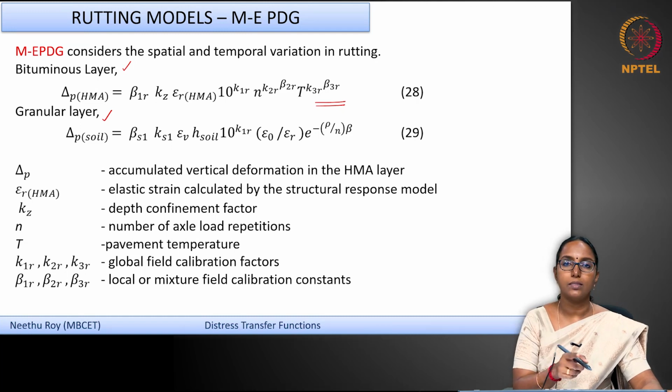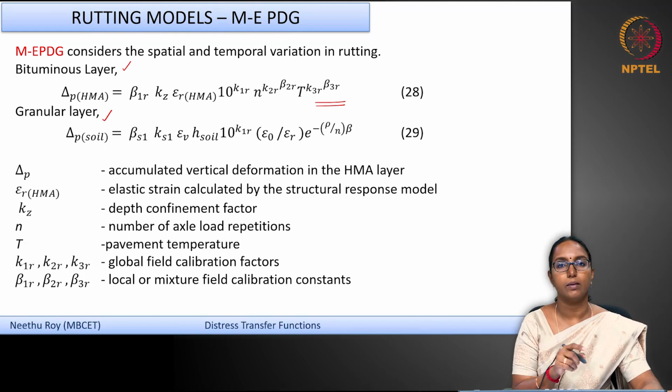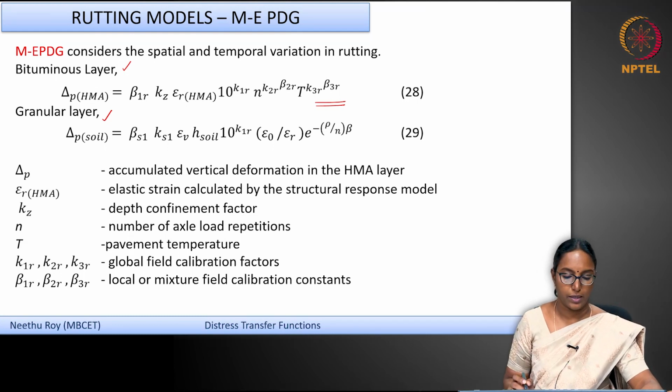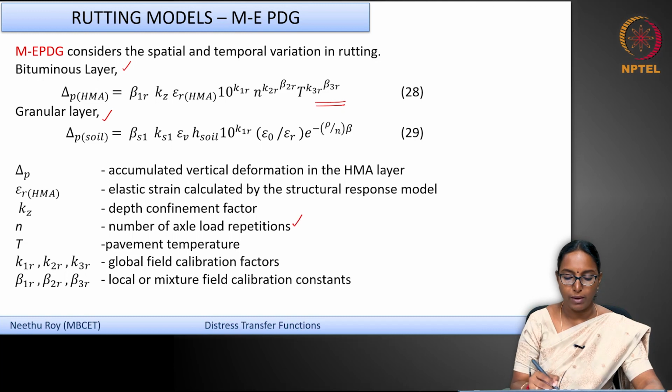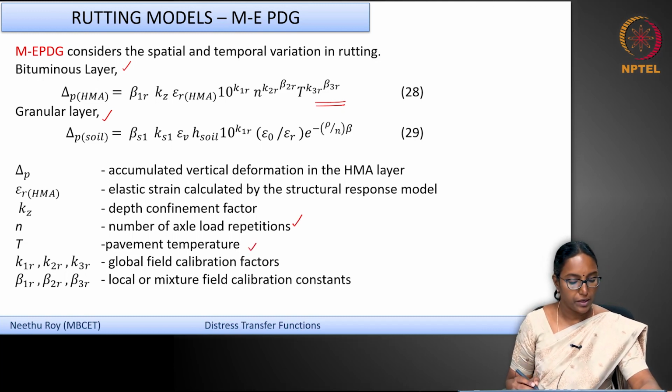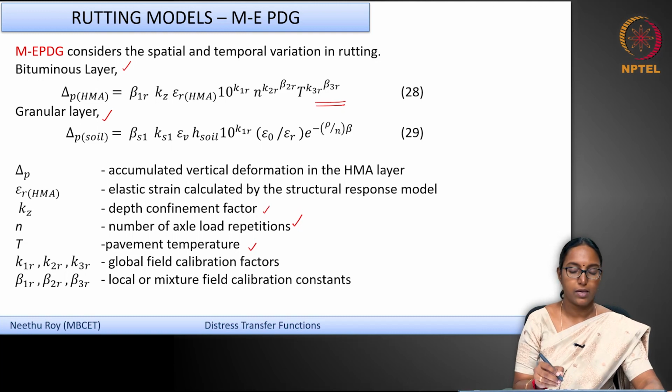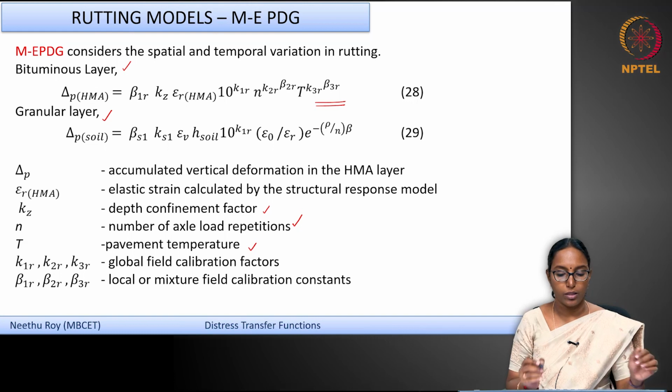HMA. This is similar to what we have already discussed, that the plastic strain is proportional to the elastic strain. N is the number of load applications, and T, the pavement temperature, is also a major factor incorporated in this model. Then KZ is the depth confinement factor, which takes into account the confinement pressure acting on the material.